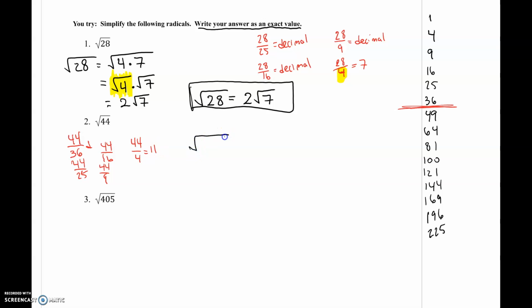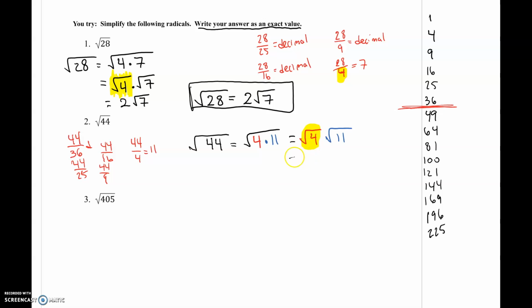So we could take the square root of 44 and write that as the square root of 4, our perfect square, times 11, which we could then separate into the square root of 4 times the square root of 11. And we can simplify the square root of 4 because it's a perfect square.